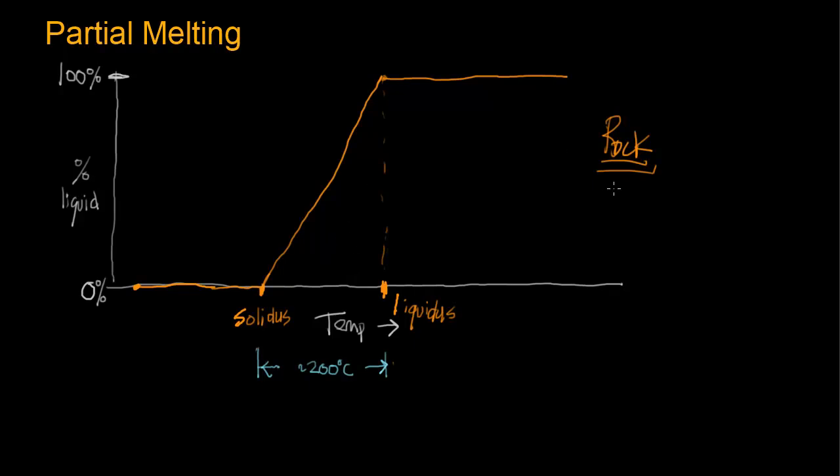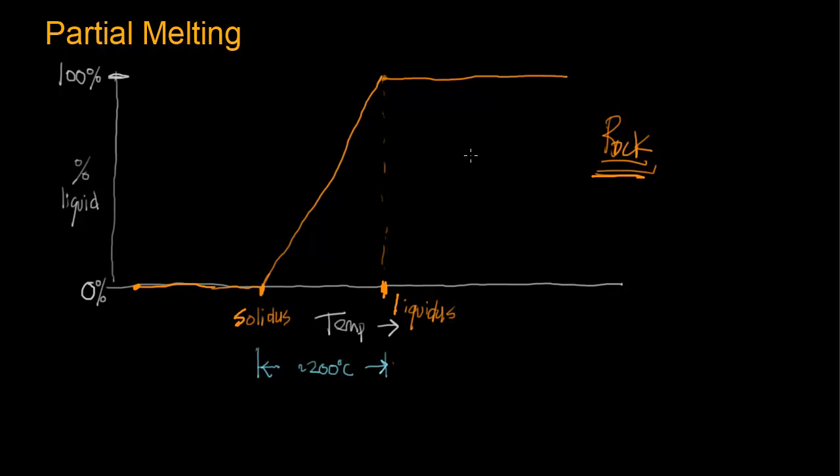And this is what makes rocks different from simple materials like H2O. They have a range of temperatures over which both the solid phase, the rock, and the liquid phase, the magma, are stable. And it's not until we exceed the higher liquidus temperature that the rock becomes completely melted.